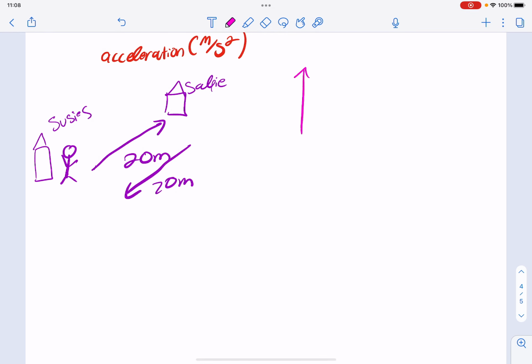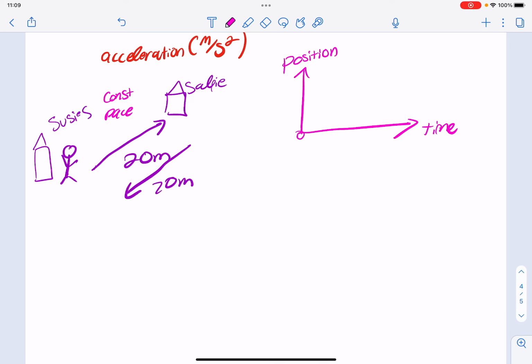First thing we would do is we'd make a graph, right? And we'd label it position over time. Okay, we have our 0. Now, we don't know if she was moving faster or slower. Let's say she moved at a constant pace.